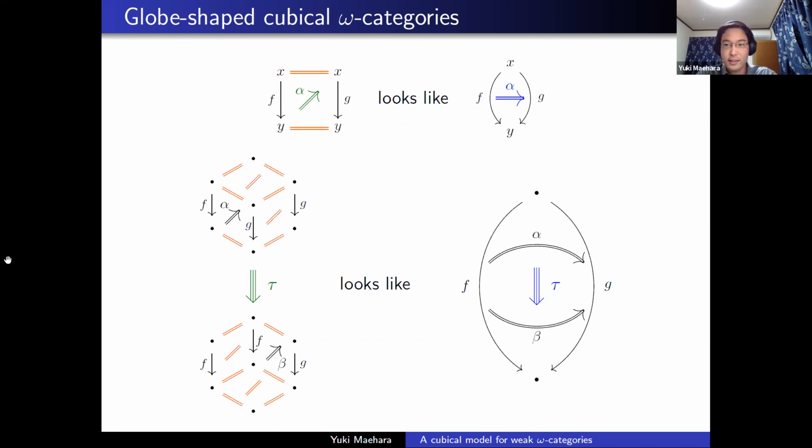So for example, in the world of globes, the fundamental construction on globes is taking the 2-point suspension. If you take the 2-point suspension of the n-globe, then you get the n+1 globe. And this construction is, in some sense, fairly useful for thinking about enrichment. In at least the globular case, it's fairly obvious, and it's sometimes even the definition, that the n+1 categories are the categories enriched in n categories.